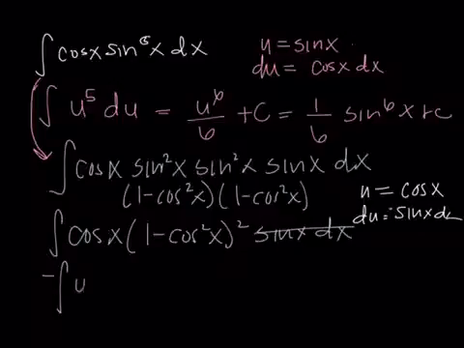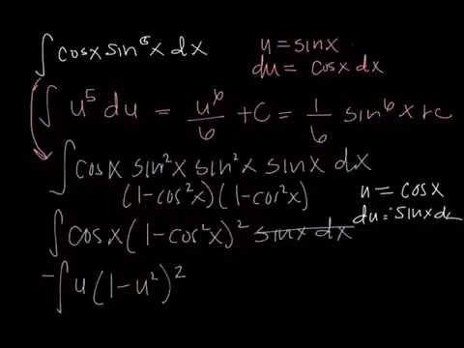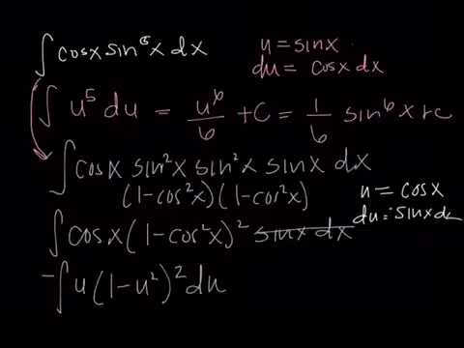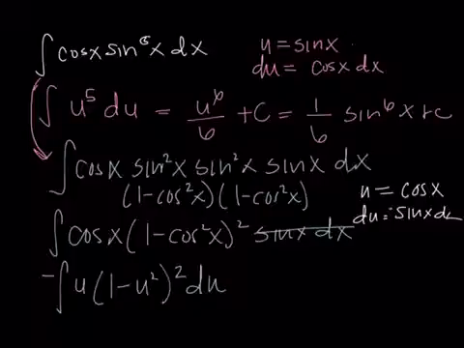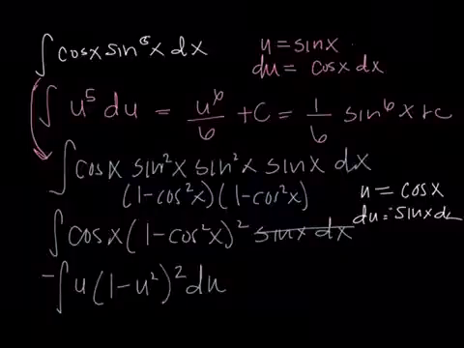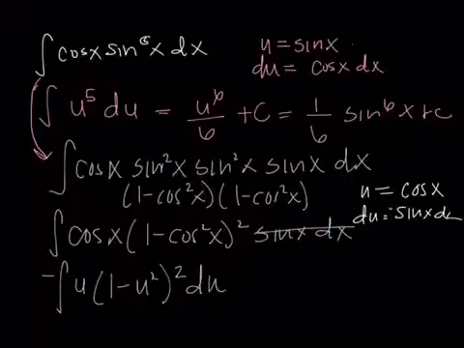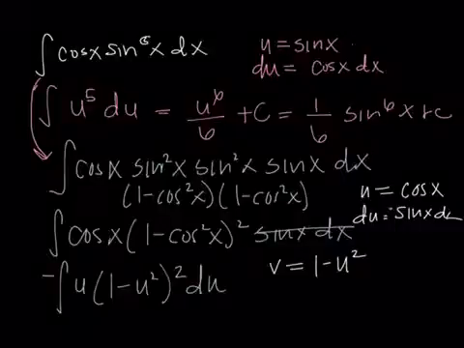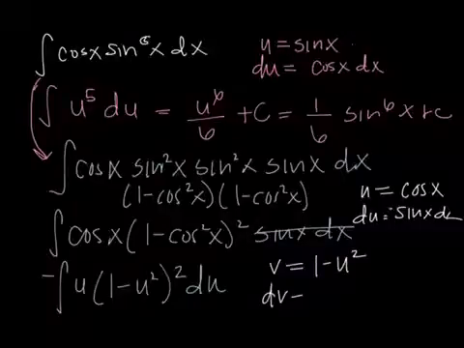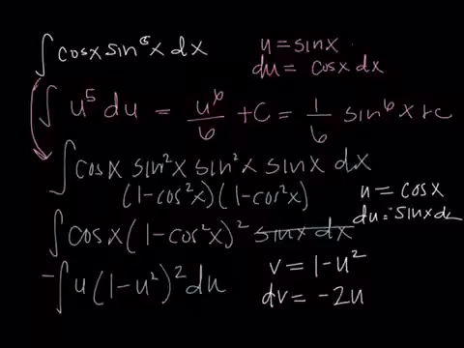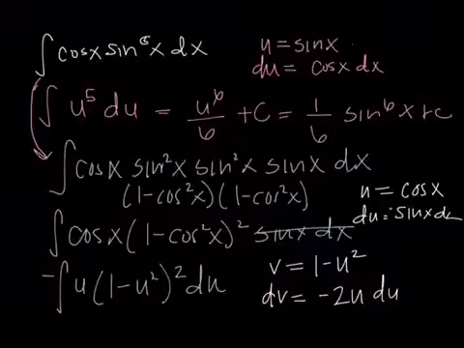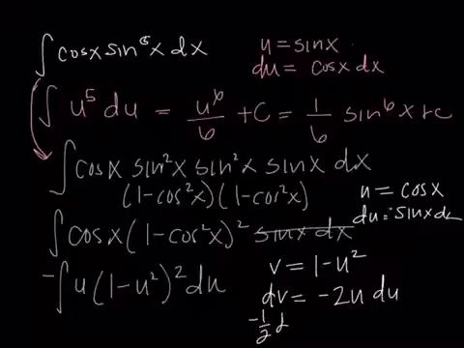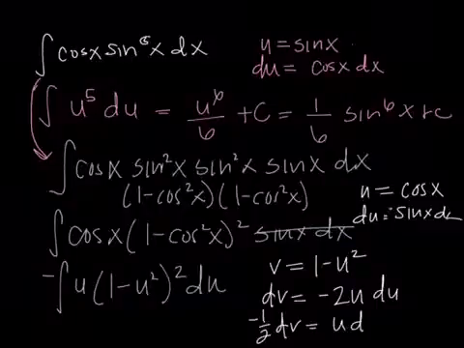So this becomes the integral of u times 1 minus u squared, squared, du. So the easiest way to do this from this point is actually to do a secondary substitution. Let v be 1 minus u squared, so that dv is now negative 2u du, or negative 1/2 dv is u du.